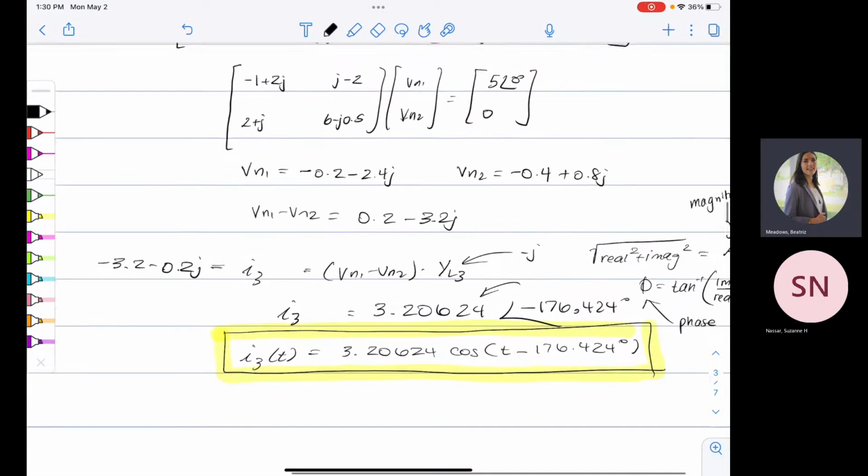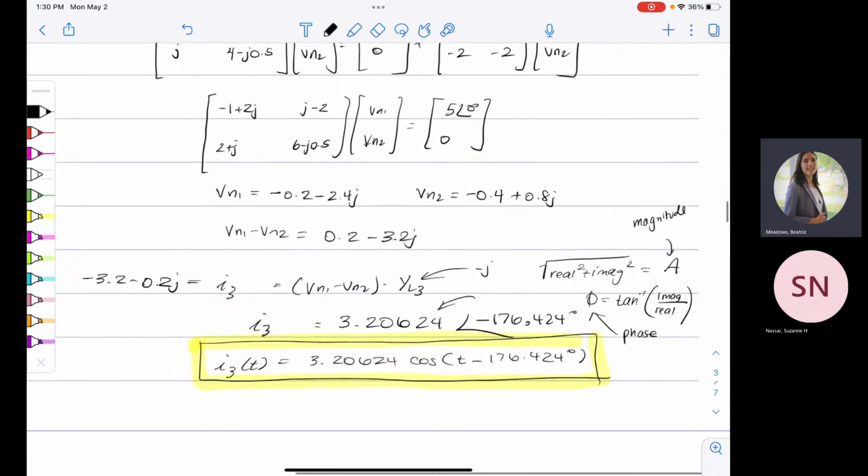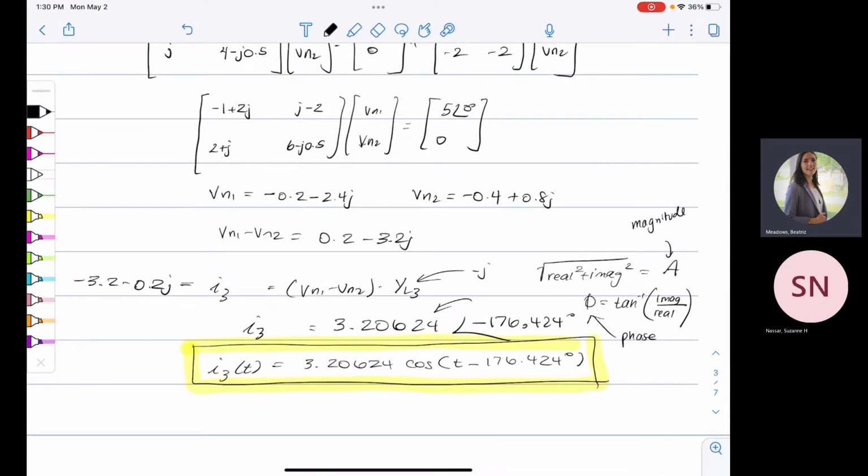In the calculator, if you have these, you just put parentheses, 3.2 at an angle. There's an angle symbol there, so you can put the angle, and that will give it to you in rectangular. And then if you want to go from rectangular to polar, this is the symbol, right here. But if you want to go from there to polar, I'm just going to go to catalog and look up P.